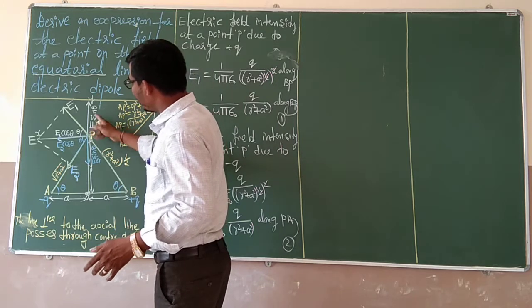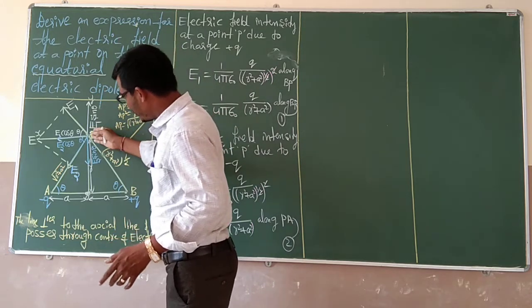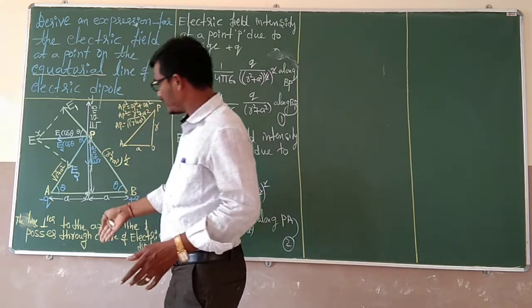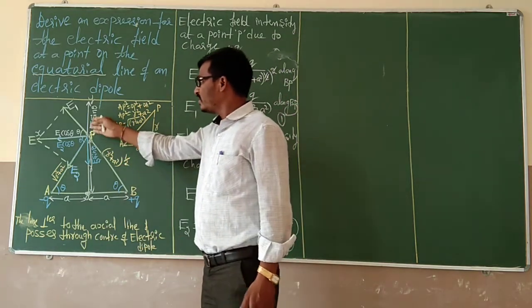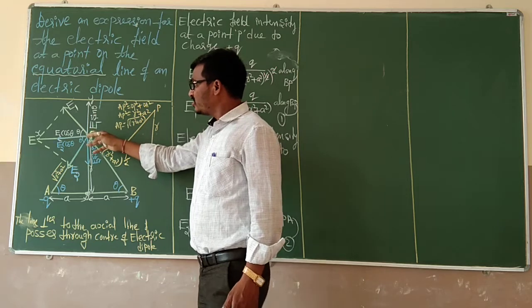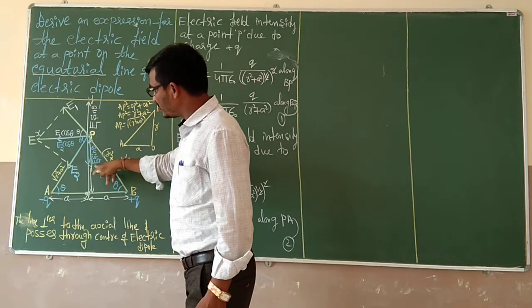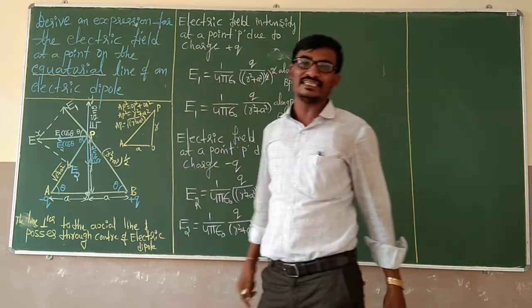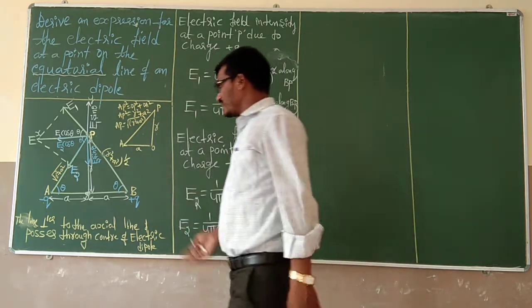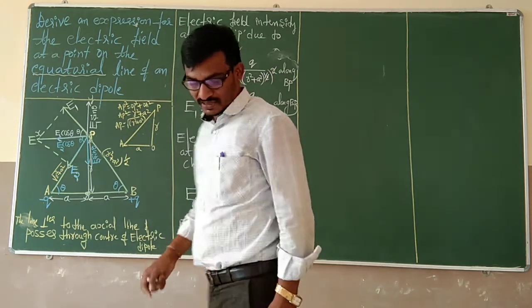But here one is moving along PY, another one is moving along the below direction. Automatically we can say these resultant components E1 sin theta as well as E2 sin theta are equal and opposite, therefore they cancel each other. Okay, we are discussing those things further.